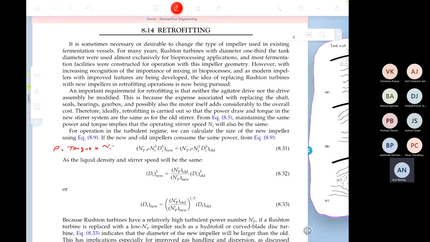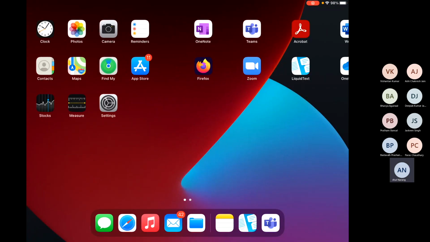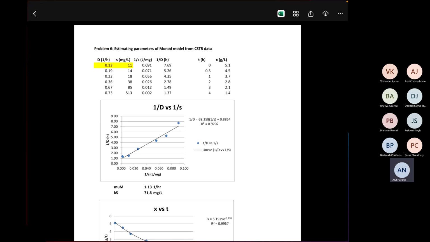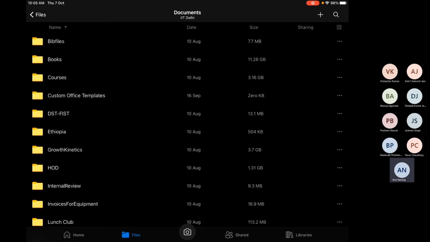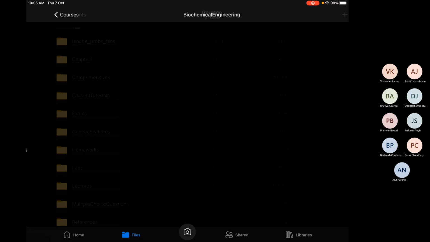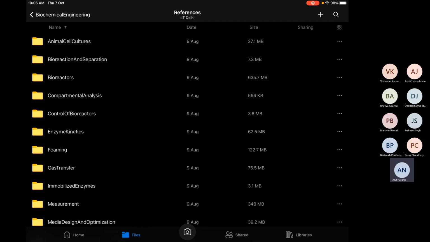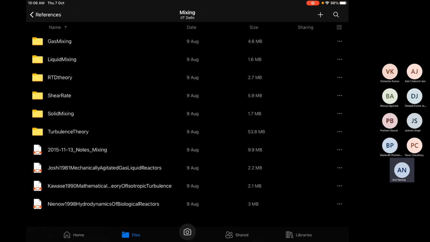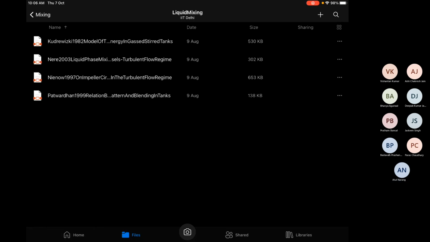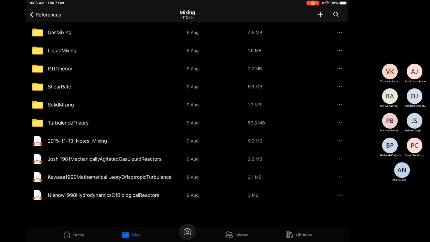The setup is actually, maybe I should just show the picture. Here is that paper.